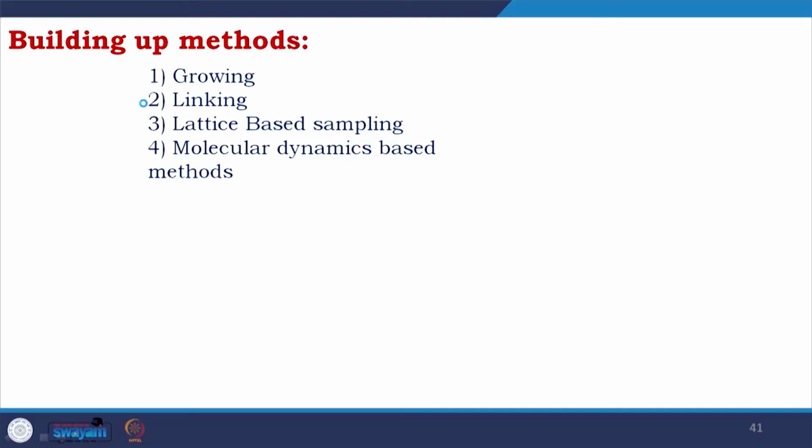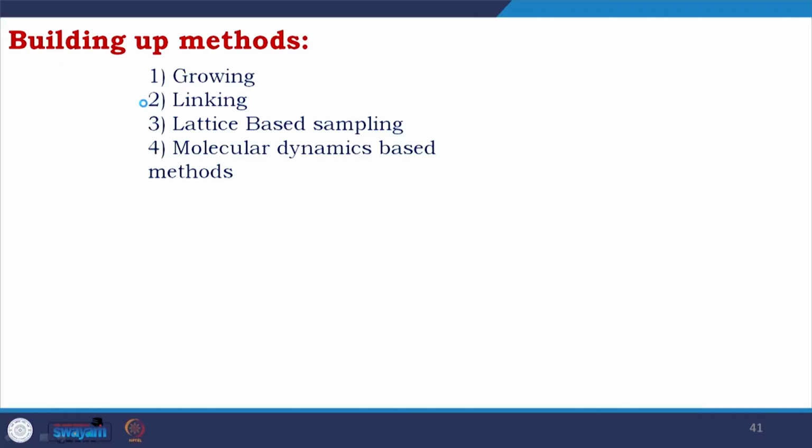Lattice based sampling is another one. The whole lattice would be created, and after growing and linking, it will fit to the lattice and lattice based sampling would be performed. Molecular dynamics based method is computationally intensive. We will talk about this more in the next class, but it would use molecular dynamics based energetics.